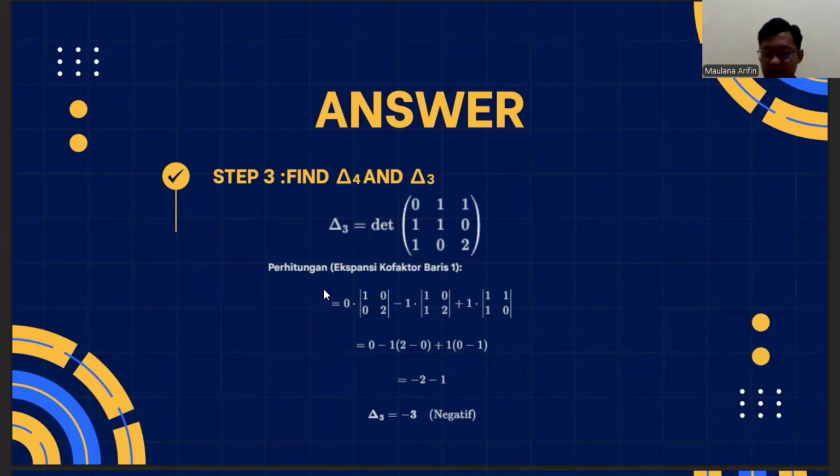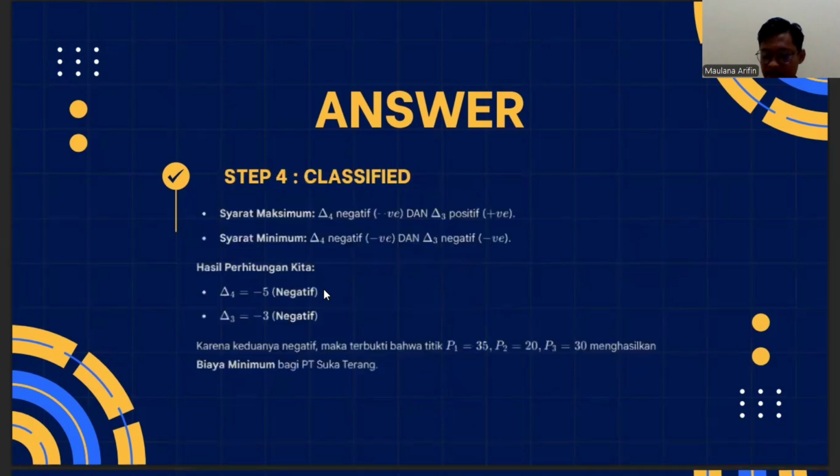So the next step is step 4. We classify with the conditions we know: if the determinant of matrix 4 is negative and matrix 3 is positive, then it is the maximum condition. And if the determinant of matrix 4 is negative and the determinant of matrix 3 is also negative, then it is the minimum condition. And we got the values from our count before.